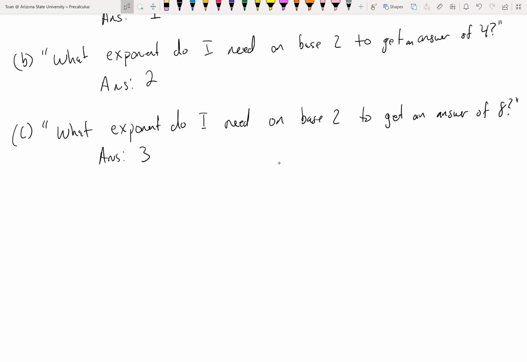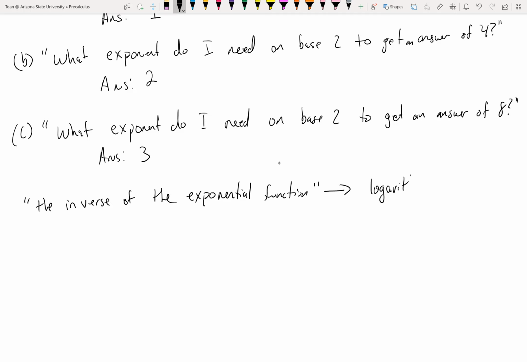This idea of the inverse of an exponential function, we just give it a fancy new name called a logarithm, right? Now, even then, mathematicians, we are sort of lazy. Logarithm is a pretty long word. We just abbreviate it as log.